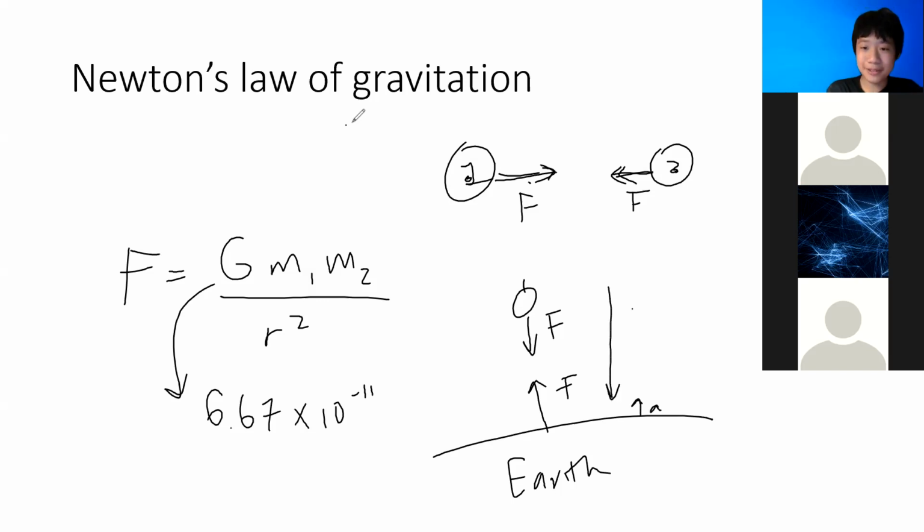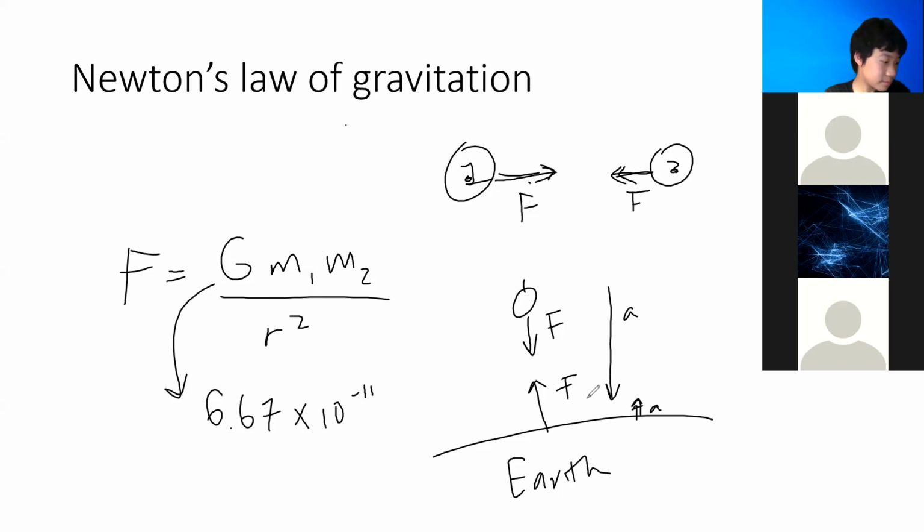That's why the apple accelerates so much more than the Earth does. So the forces might be the same, but the accelerations of the two objects will be different. The Earth will actually go up just a teeny tiny bit, but it's negligible compared to the acceleration of the apple.